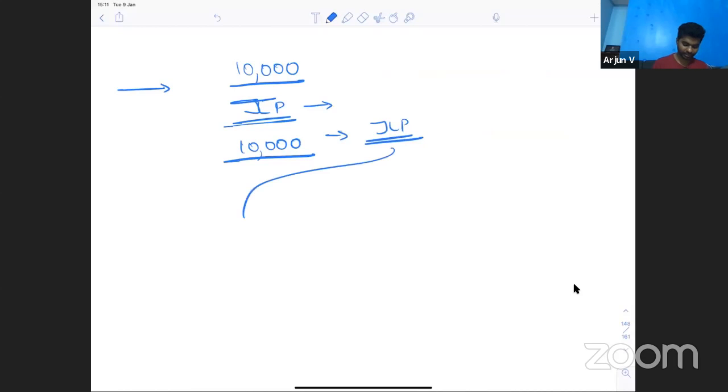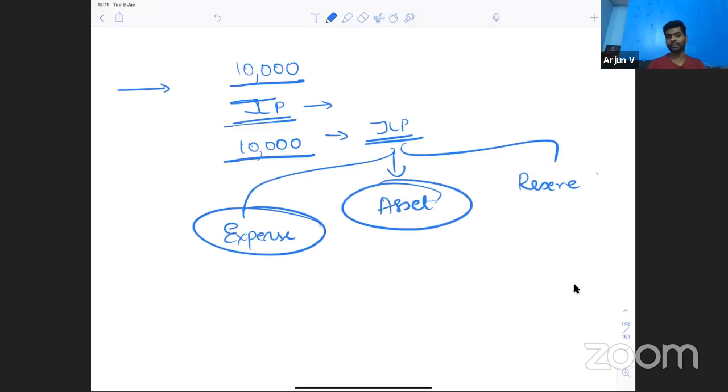Either I treat it as an expense, or I can treat it as an asset, or I can treat it as a reserve. But the net effect of all the three is the same. It's all the same, right?